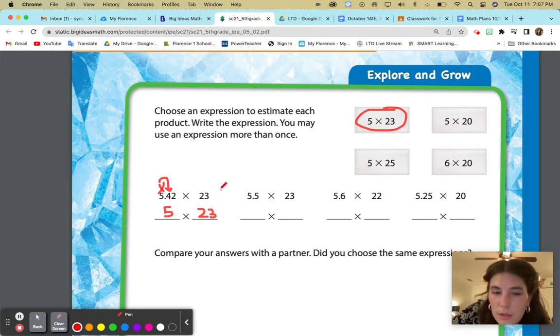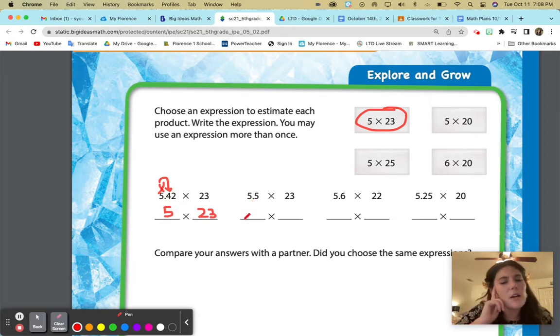Pause your screen and see what you could do to round this decimal and make an expression that we see either here, here, here, or here. All right, so if you paused, here's what we're going to say. Okie dokie. So I see that 5 and 5/10.